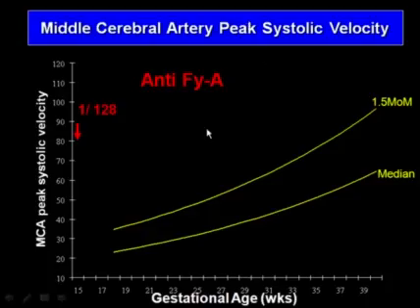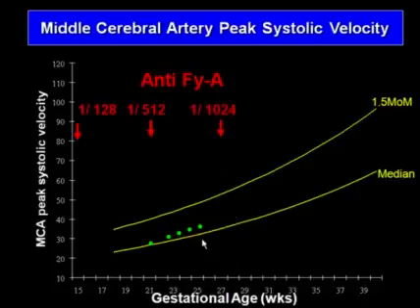Case number 3. This was a case of anti-Duffy, and the titer went from 1/128 to 1/512. We started to follow the patient with middle cerebral artery peak systolic velocity, and the values were all below 1.50 multiples of the median.